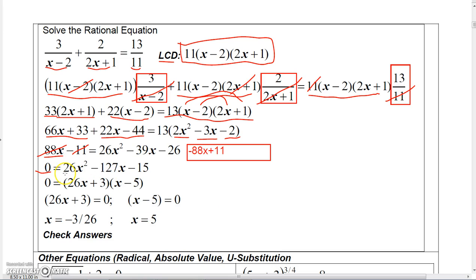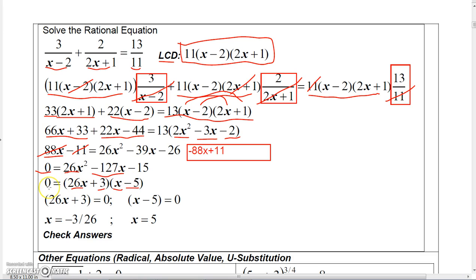Well, the only factors of 26x squared are either 26x and x, which is actually what we have to use, but the only other choice would be 13x and 2x. So I'll let you fiddle with that long enough. But if you try 26x and x, and then use plus 3 here and a minus 5 here for the minus 15, you'll actually find that that product agrees with this middle term, minus 127x. So those are the two factors.